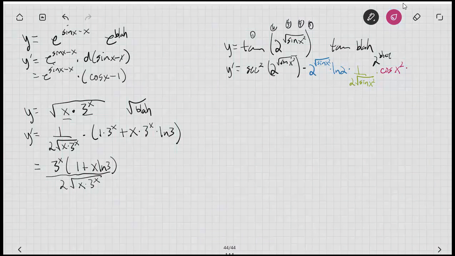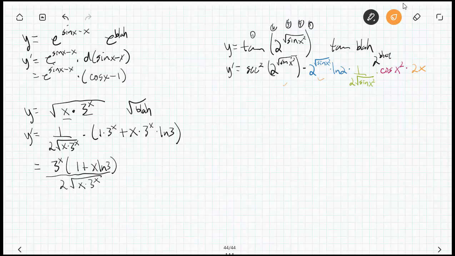And then last but not least is the derivative of the x squared, which is 2x. Notice 1, 2, 3, 4, 5 derivatives. And then, of course, you could clean it up like that, too. And that's really basically all that we could do. I mean, it's a god-awful derivative, make no mistake about it. But it's a great example of how the chain rule works.